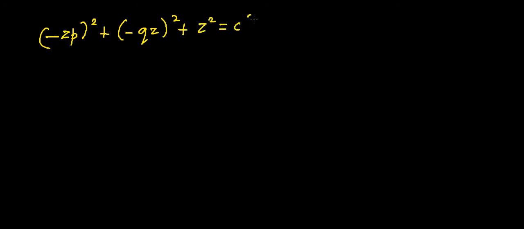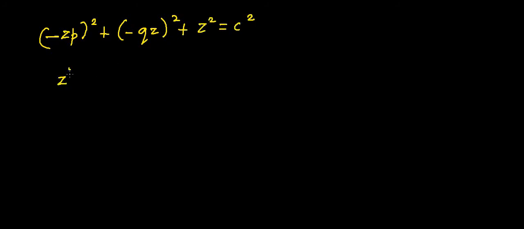Now substituting this in the equation, we get (minus zp) the whole square plus (minus qz) the whole square plus z square is equal to c square.